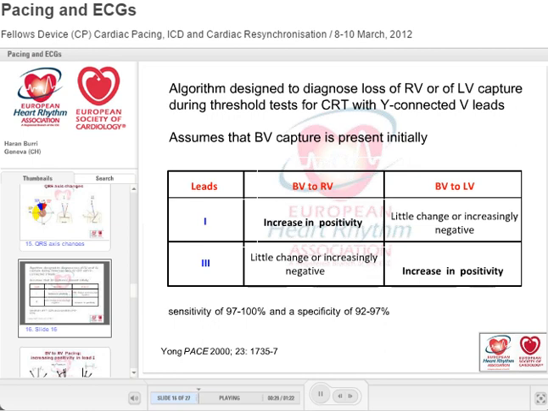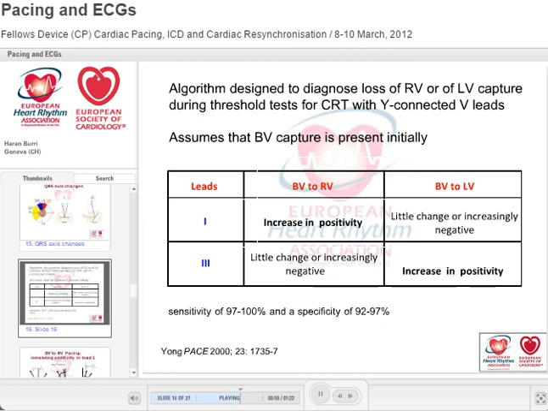So you could not separately assess LV threshold and RV threshold. Threshold tests were done by programming a high output, reducing progressively the amplitude, looking for a change in the QRS morphology, a first change, and then secondly, when you had loss of capture. That was how it was done back then. Now, of course, we do this differently.